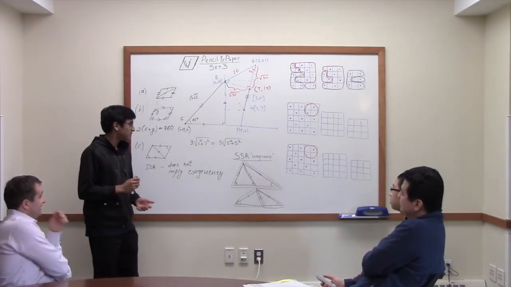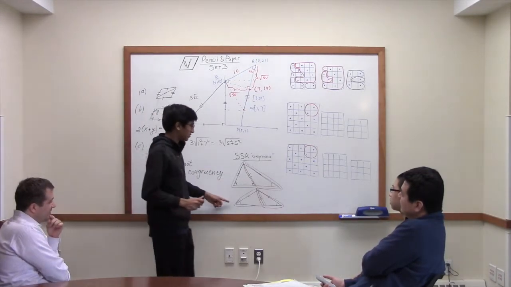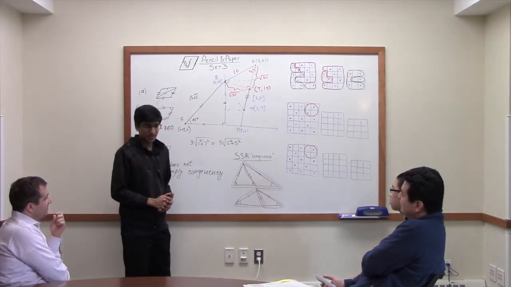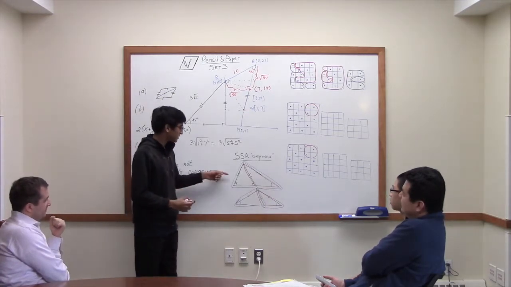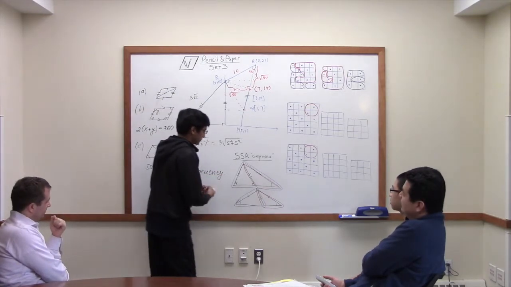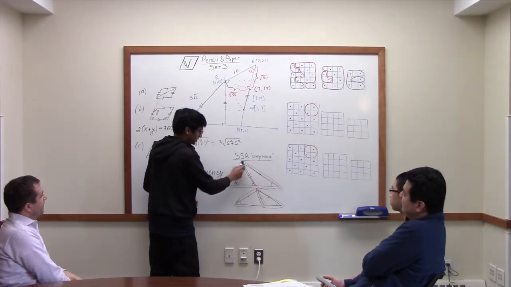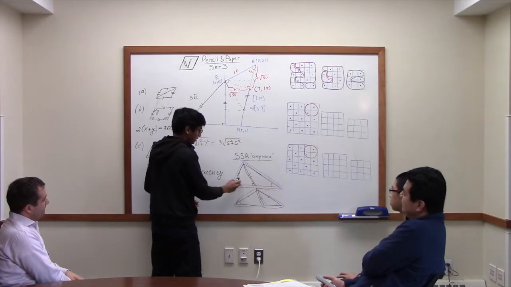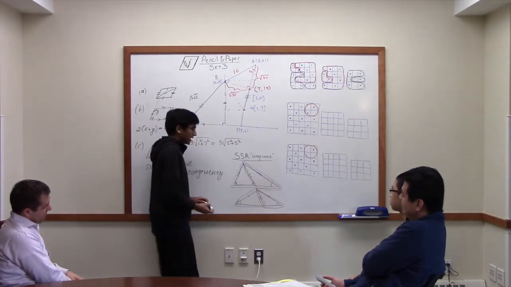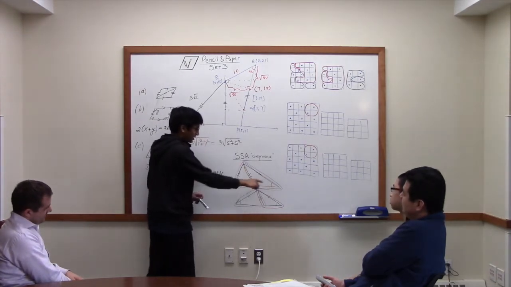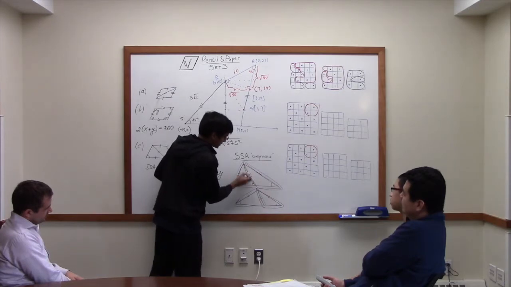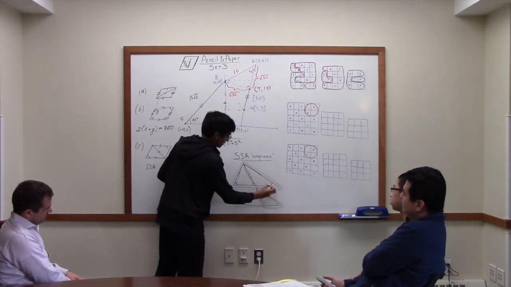Okay, so we see here two examples of why SSA does not actually imply congruence. In the first one, we have this large triangle, and inside there's a smaller isosceles triangle. So these two angles are equal, these two sides are equal. And if we look at the red triangle and the blue triangle, they have a side and an angle.